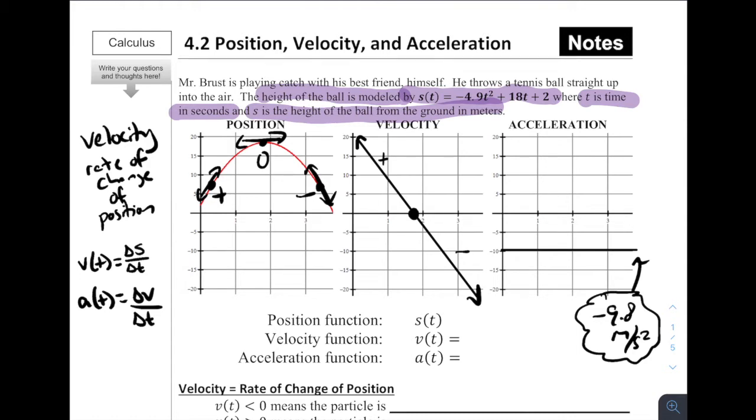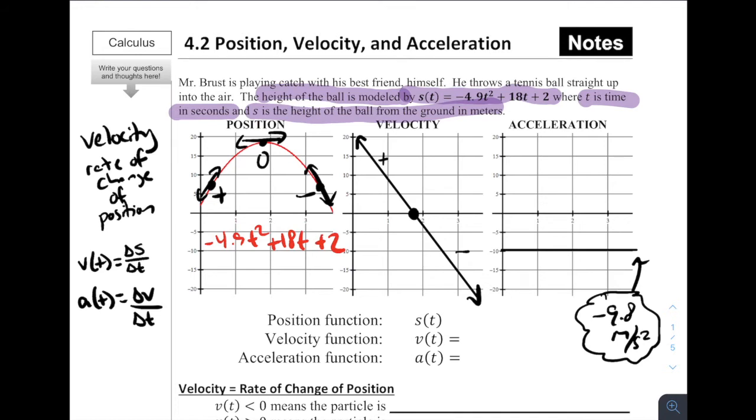Now, before we move on to these actual functions, I do also want to talk about the relationships of the way that these graphs look, right? We said that this function here was, I'll do a different color, negative 4.9t squared plus 18t plus 2.